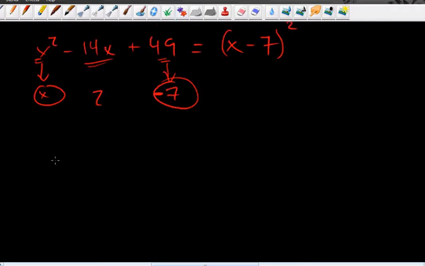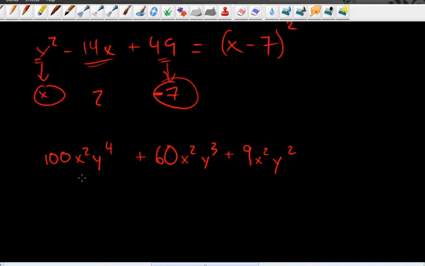This technique even works when you have more complicated expressions. In this more complicated expression, we can still find the same pattern. The first term is a perfect square, in this case 10xy squared times itself would give you 100x squared y to the fourth. And the last term is a perfect square, 3xy.